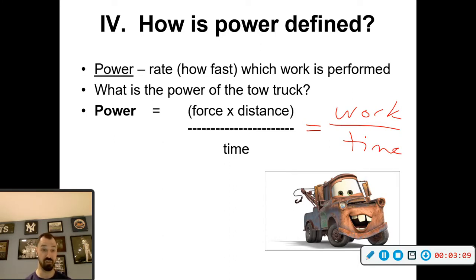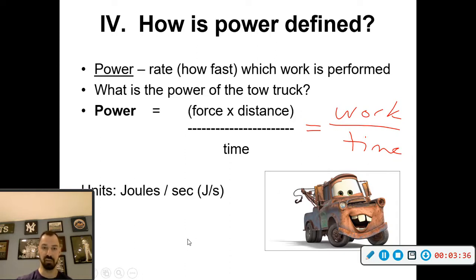Or for short, if you already know the work, it would be work divided by time. You can combine the two formulas or do them separately, depending on what's easier for you. It depends on what they give you in the problem. If they give you force, distance, and time, you could use this form of the formula. If they just give you work and time, you use this formula.